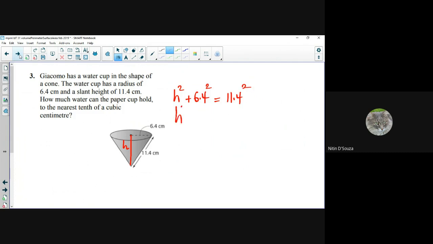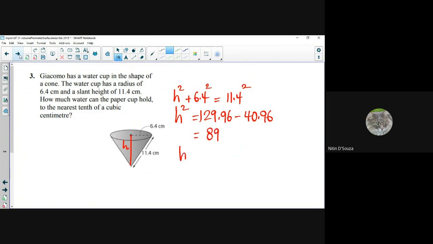So h squared is equal to, we can do 11.4 squared, 129.96, minus 6.4 squared, 40.96, which gives me 89.